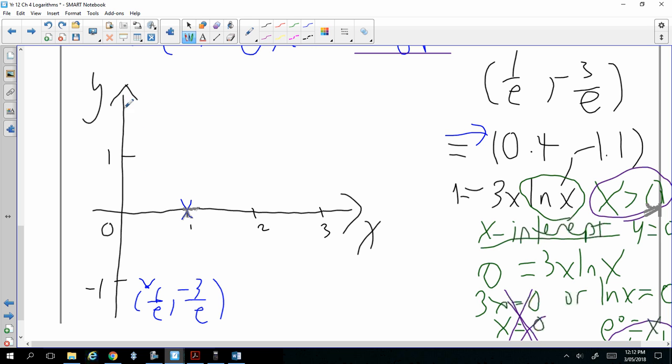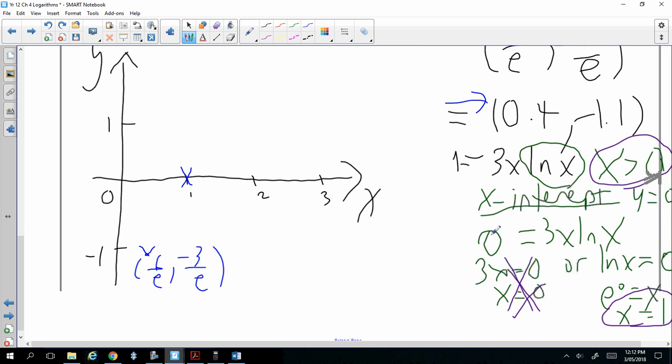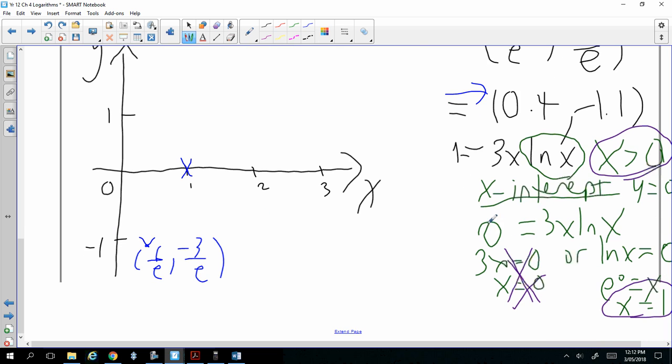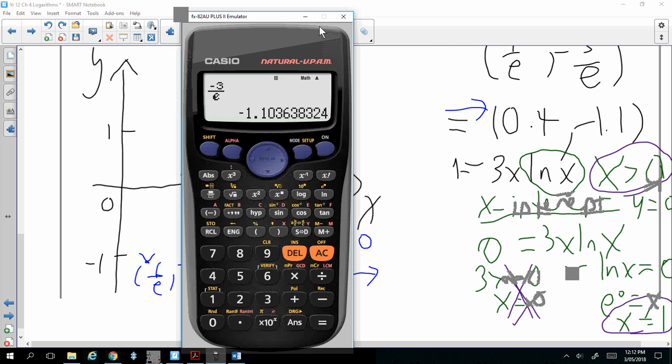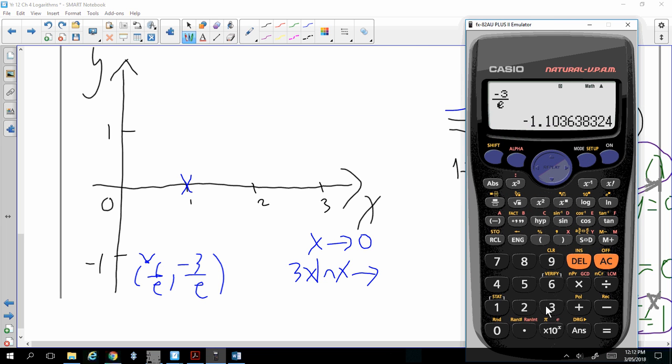Now it's not defined at 0. Maybe we should look at the behavior of the graph near 0. So let's make x approach 0 on this graph, 3x ln x. Just use your calculator to do that. Make x equal to 0.1. So you do 3 times 0.1 times ln 0.1. What do you get? -0.69.